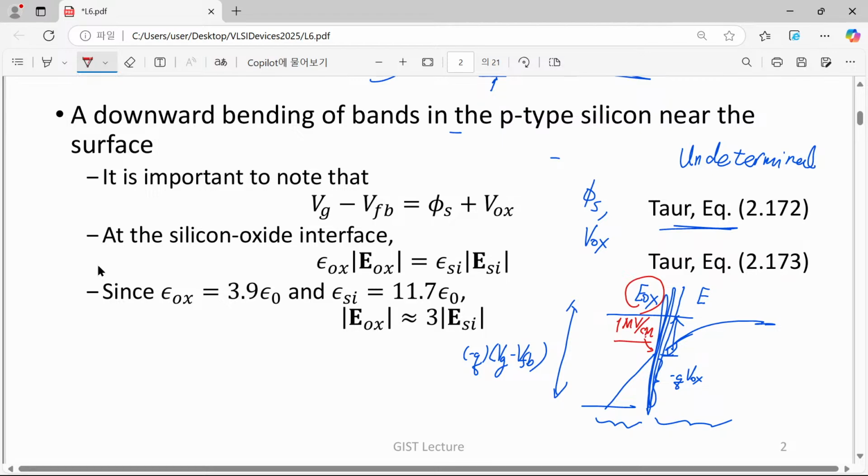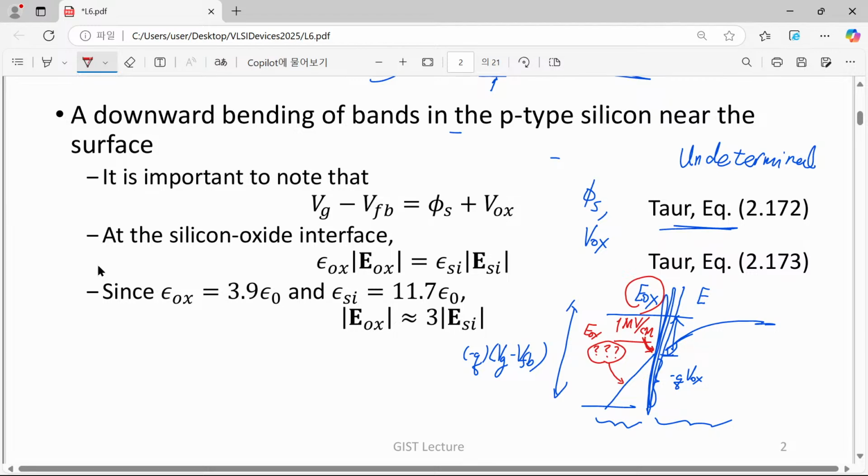If we have such an oxide electric field, and let's change the observation point a little bit, then if I ask you what the electric field is, what is your answer? If you don't have any net charge density inside this system, then you should say the oxide field is still 1 megavolt per centimeter, because net charge density is the source of changing electric field.